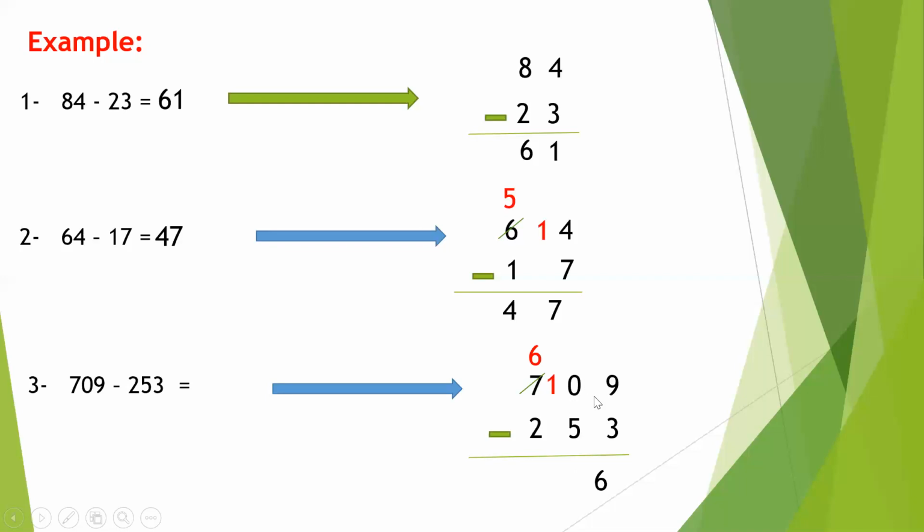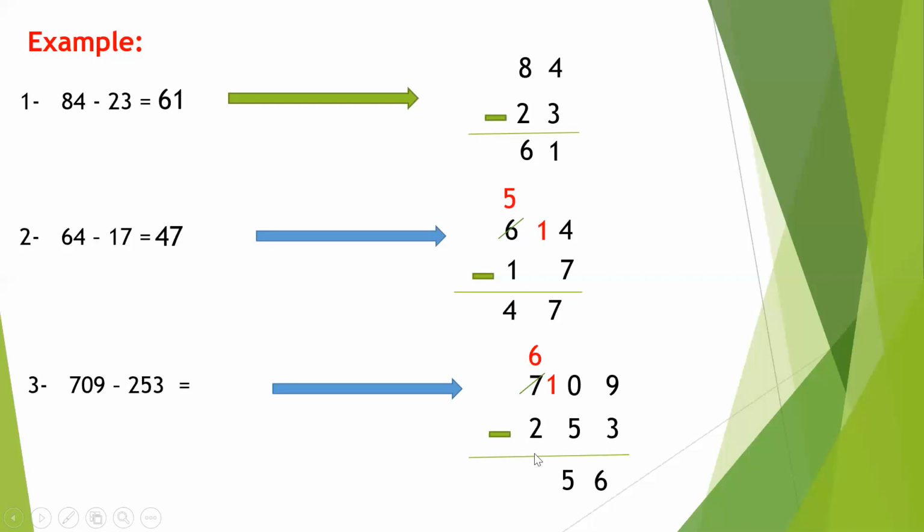Now, 10 minus 5. Put 5 in your mind and count to 10. After 5, 6, 7, 8, 9, 10. So the answer here is 5. Okay? Now 6 minus 2, also put 2 in your mind and count to 6.